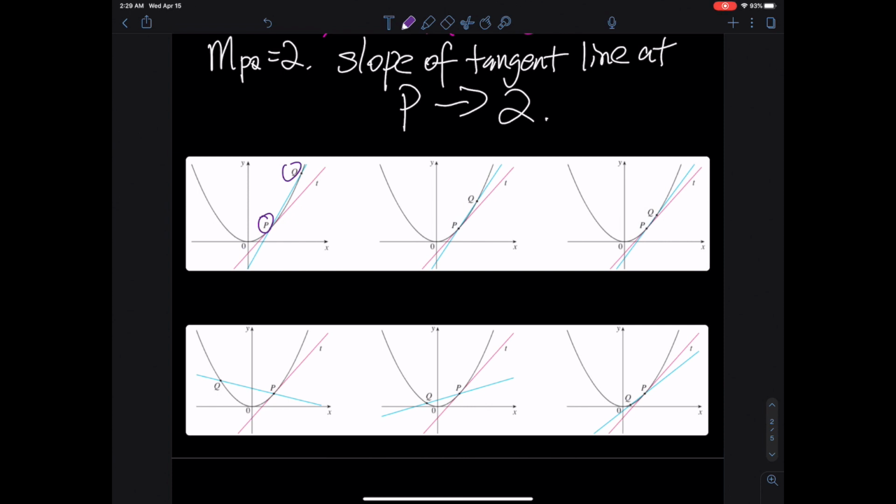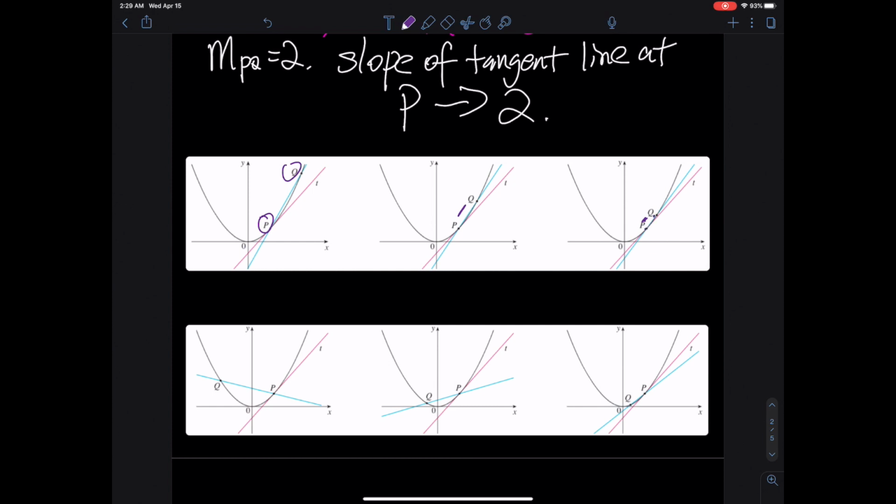And then we are trying to shrink the distance between P and Q. This time they are closer. This time they are even closer. Now, picture this in your mind. I need you to use your imagination. Do we agree that when Q is getting closer and closer to P, the secant line becomes the tangent line?